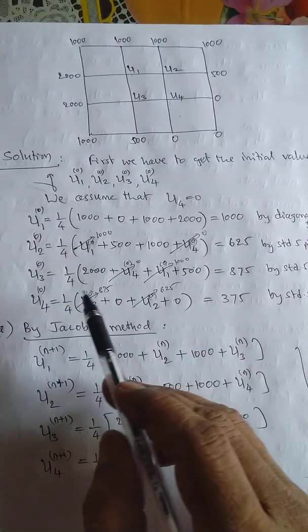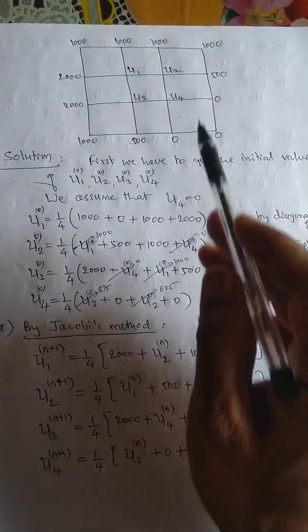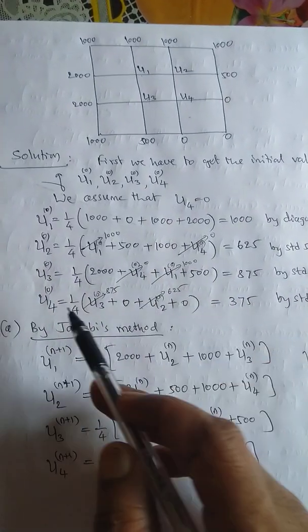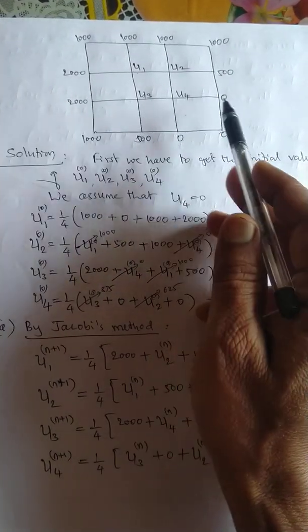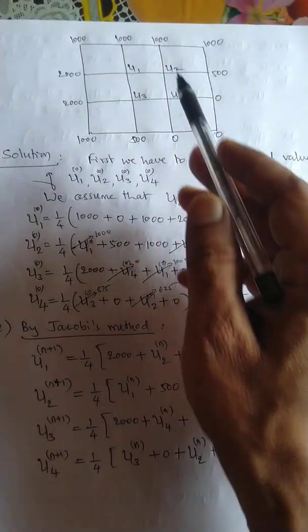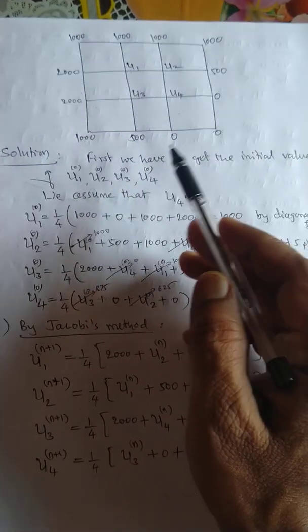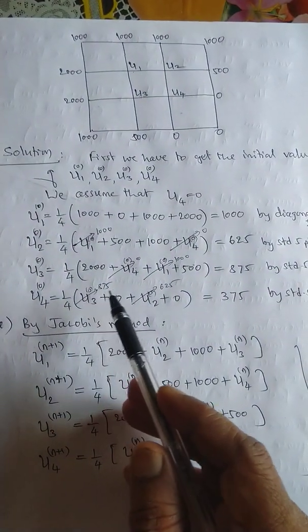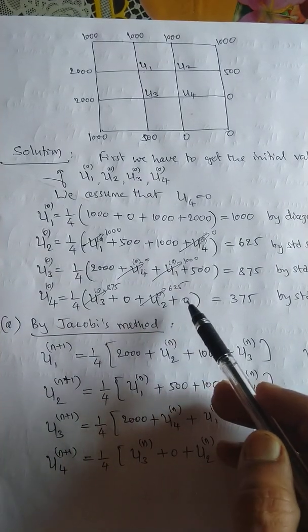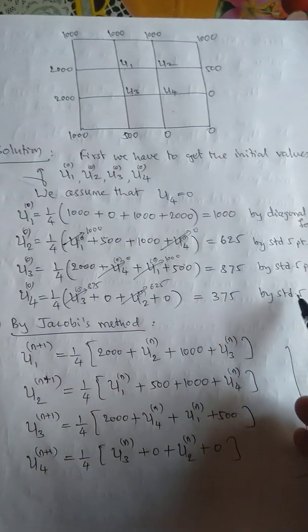So U3 naught is 875, and U4 naught is 1 by 4 of 875 plus 0 plus U2 naught plus 0, which is equal to 375.